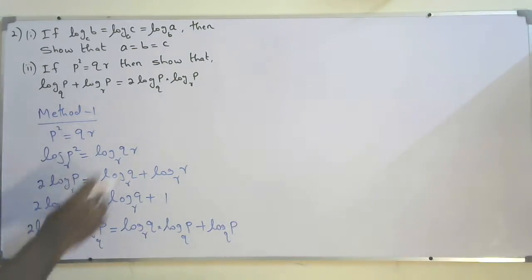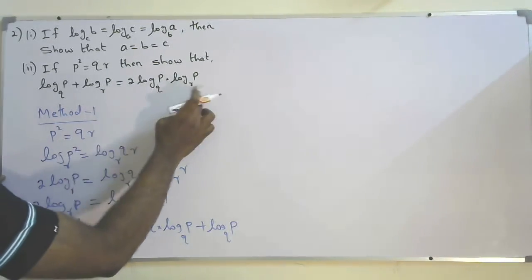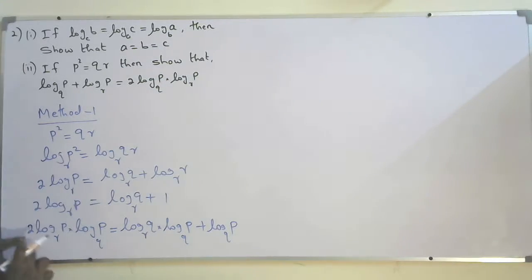Now you can see on the right side 2 log Q of P into log R of P. So I got the right side part.